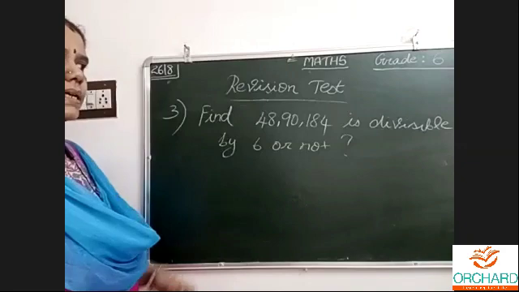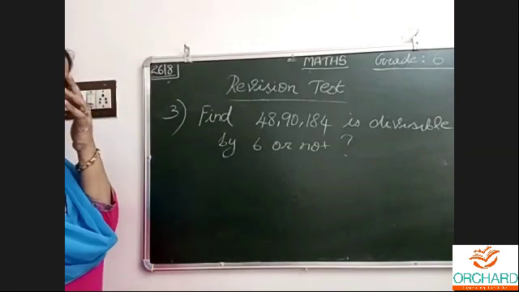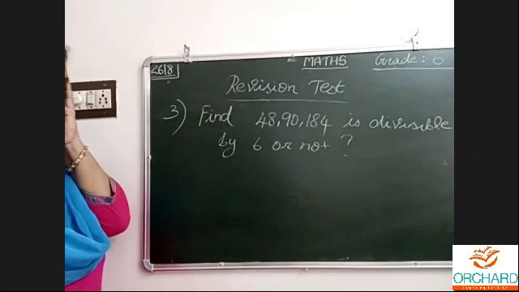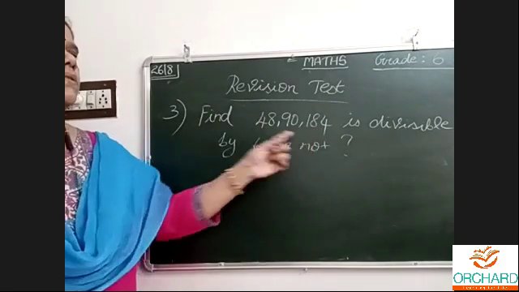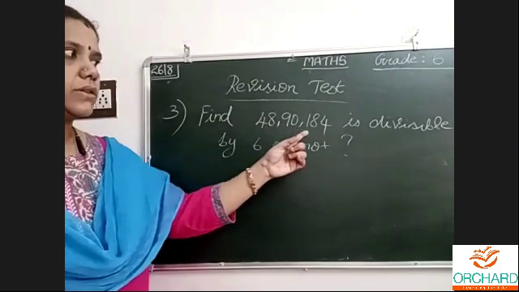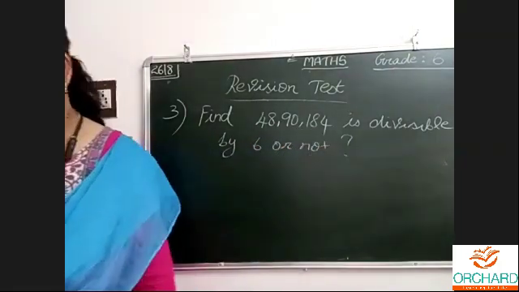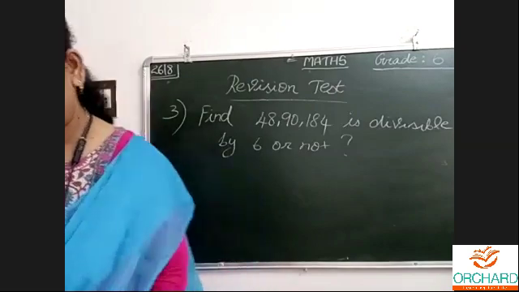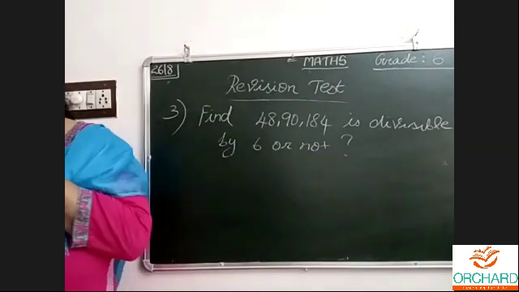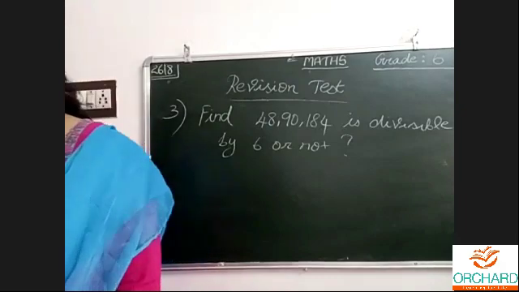Use the test of divisibility by 2, then the test of divisibility by 3, and find out. The full number is 48,90,184. This is the given number. Whether it is divisible by 6 or not.